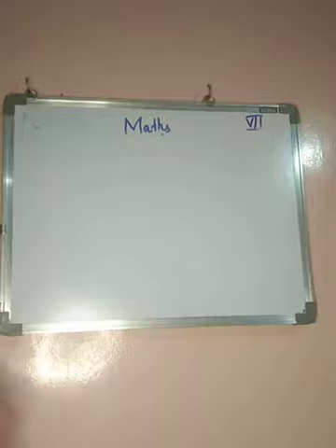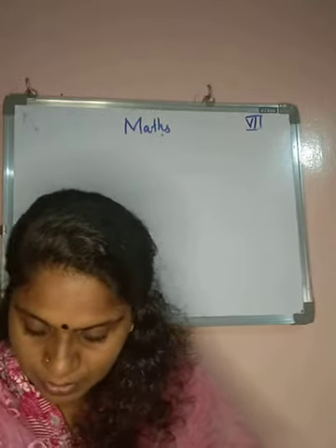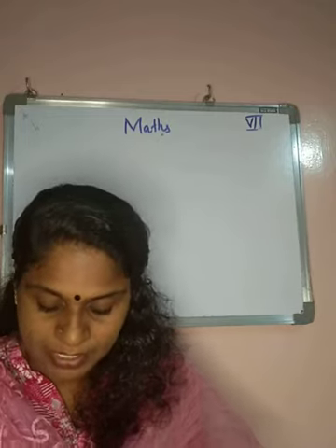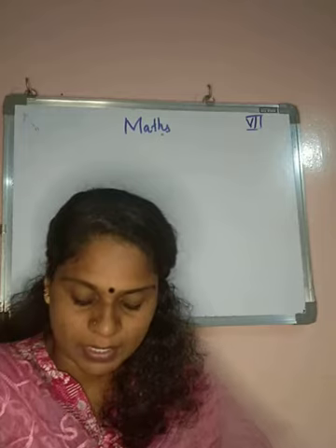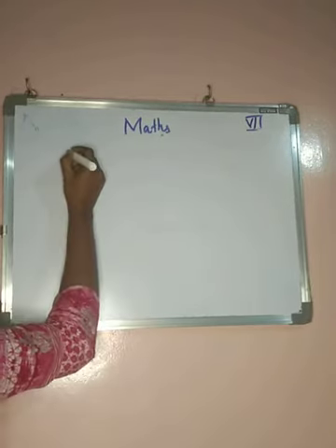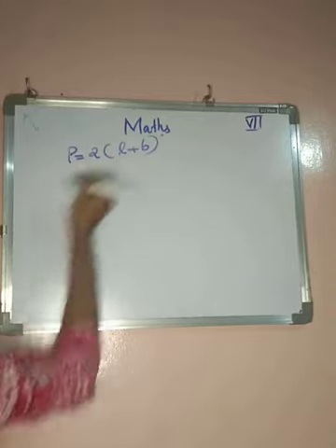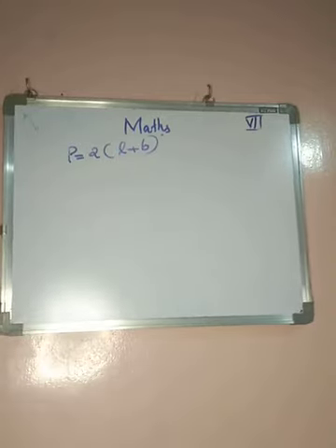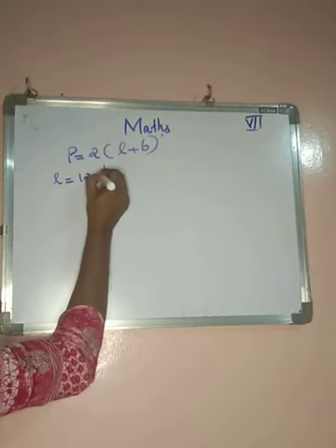First of all, we explain the question. A rectangular sheet of paper is 12 1 by 2 centimeter long and 10 2 by 3 centimeter wide. Find its perimeter. The perimeter of a rectangle is 2 into length plus breadth. The length is 12 1 by 2.